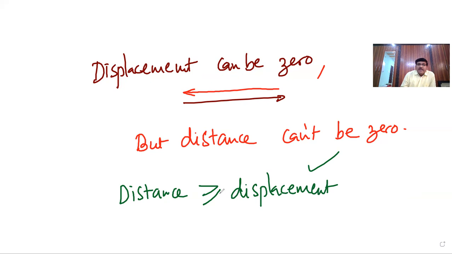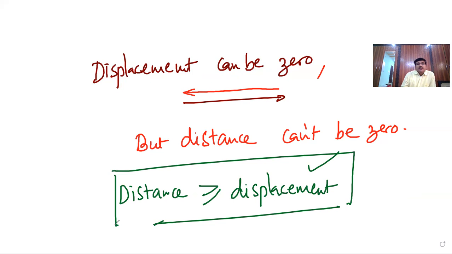Distance, in a straight line it may be equal, or always it is greater than the displacement. Very, very important point. Be careful. In a straight line, both distance and displacement may be equal. But displacement is always the shorter distance, hence distance is always greater than the displacement. Clear? Okay.